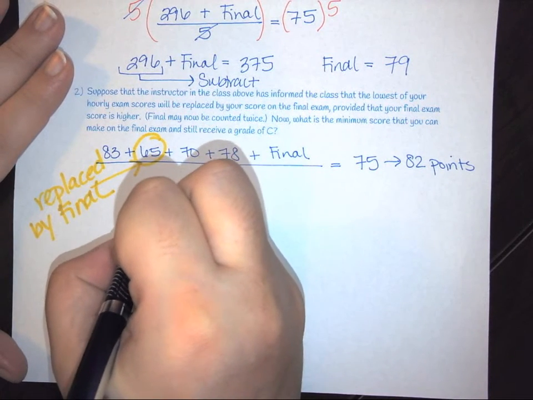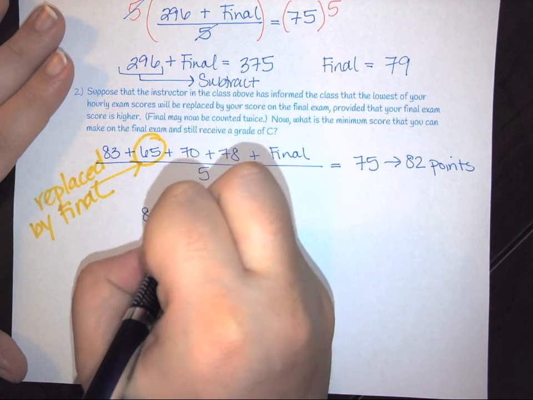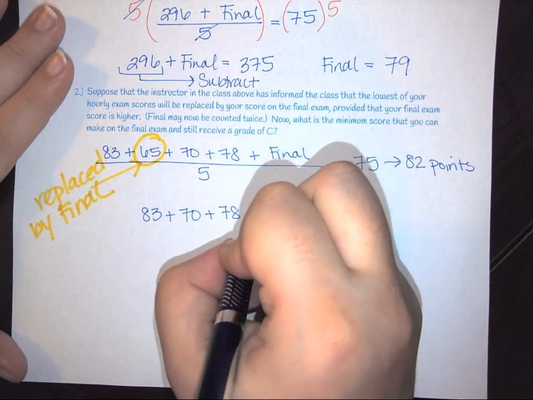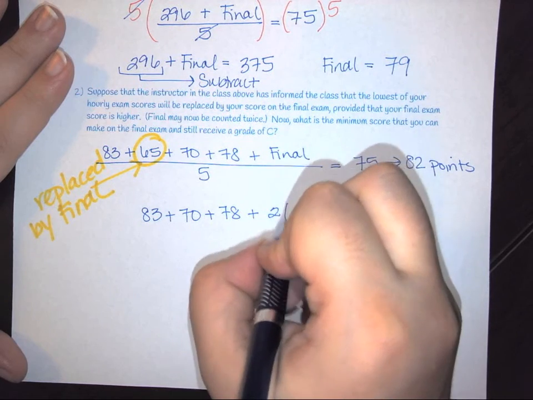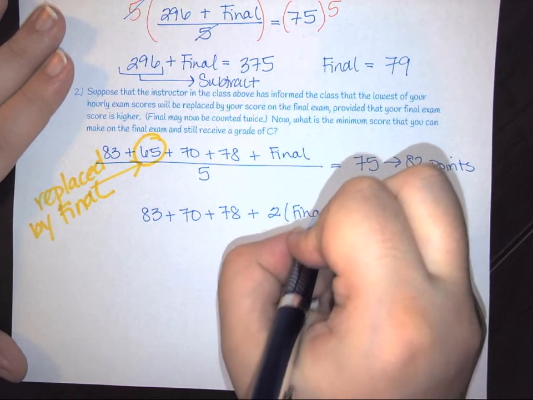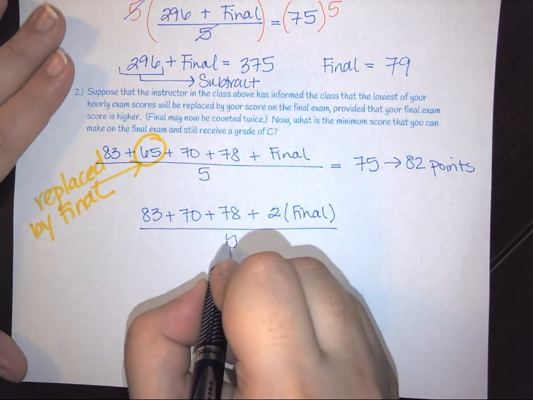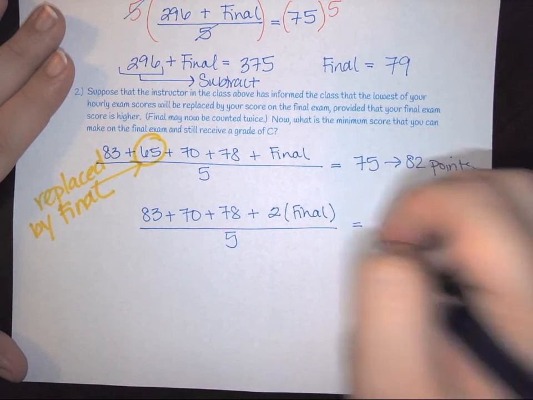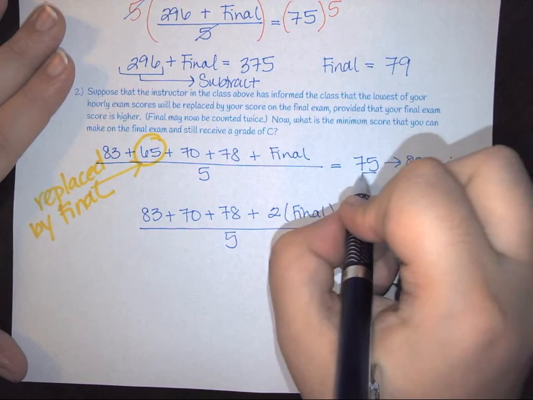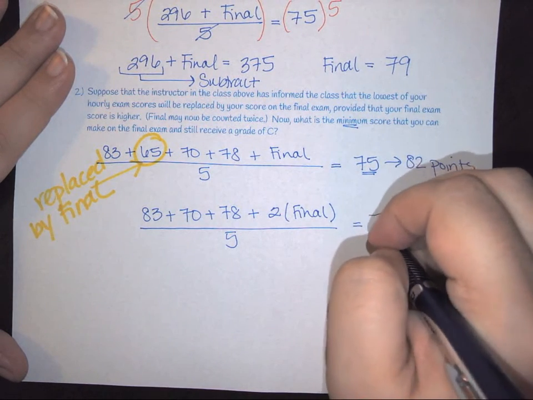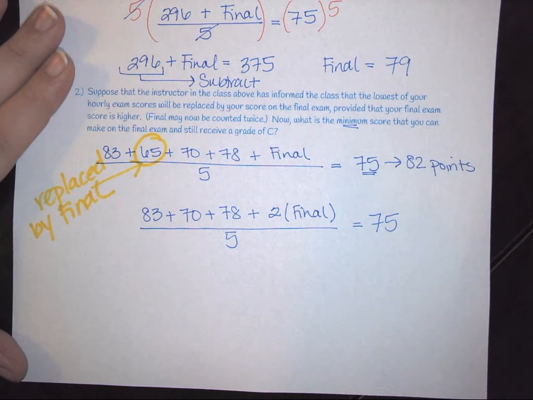So this is now going to be 83 plus my 70 plus 78 plus, and it is twice the final, still dividing it by 5 tests. And again, we want to know the minimum. Okay, we're looking for the minimum. So this would be 75.